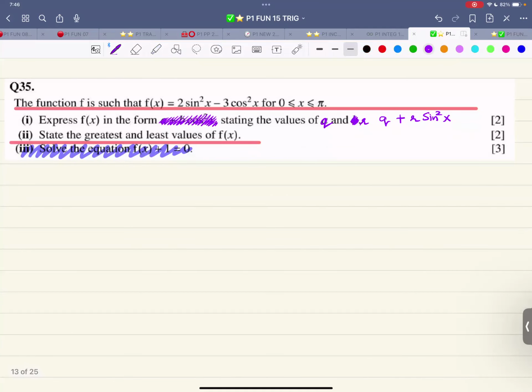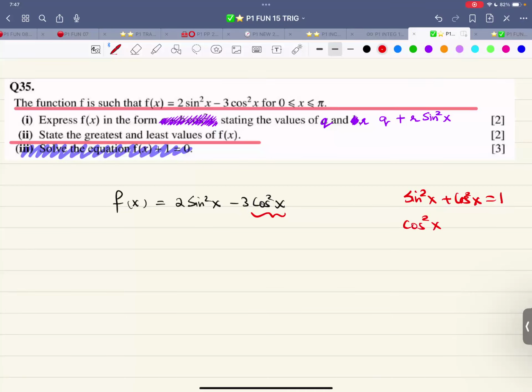Now, if I do the change over, f(x) is equal to 2 sine square x minus 3 cos square x. And then we have the identity sine square x plus cos square x equals 1. This time I'm interested in changing this out. So cos square x is 1 minus sine square x.